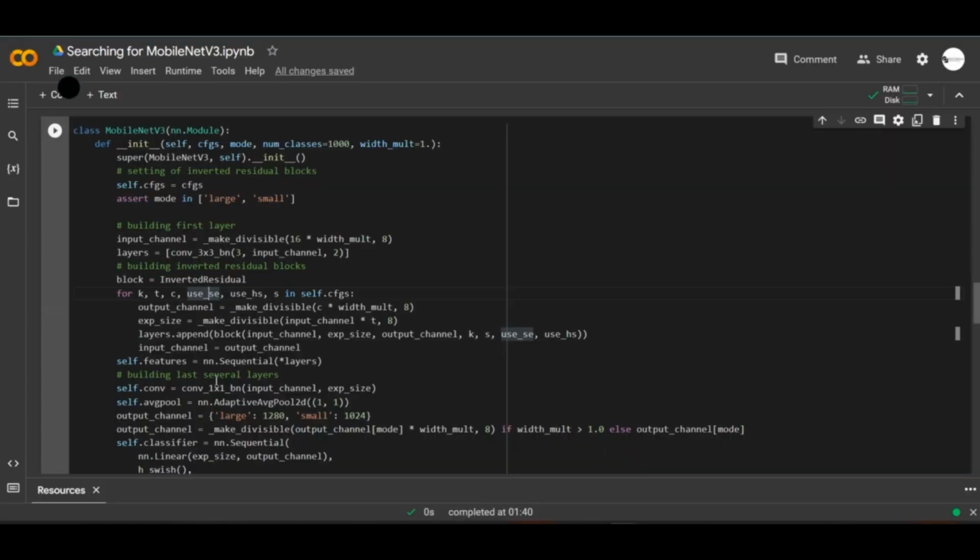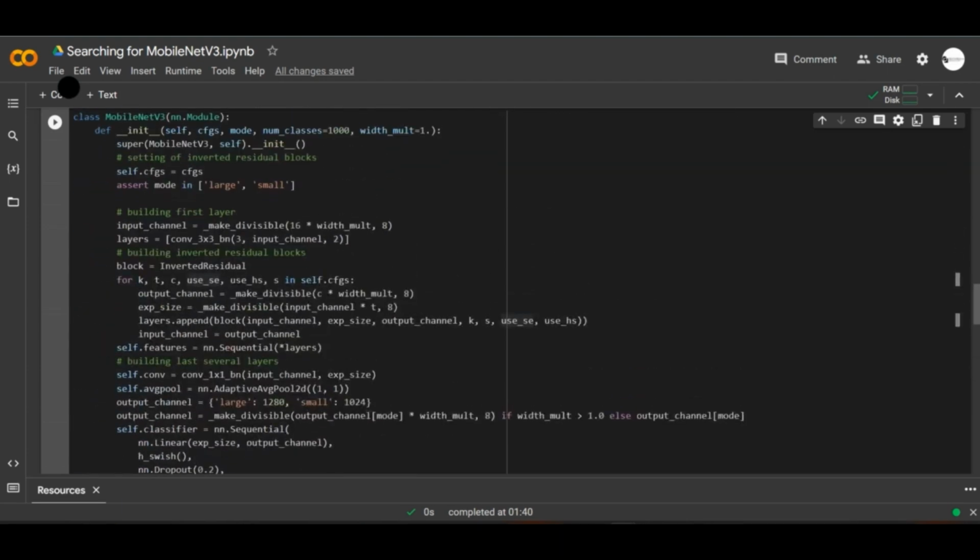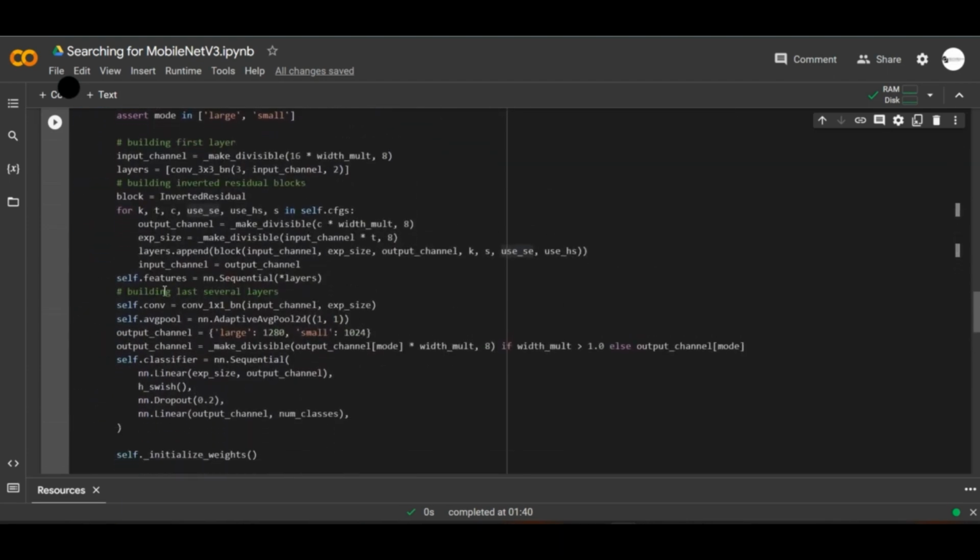Let me scroll down just to verify. Yeah. Then we have self.features, an nn.Sequential whereby we take in all the layers, because we say layers.append, so we have the layers inside here. Then we build the final layer, the convolutional 1x1 and batch norm.